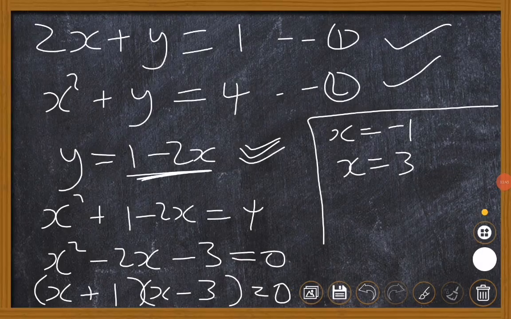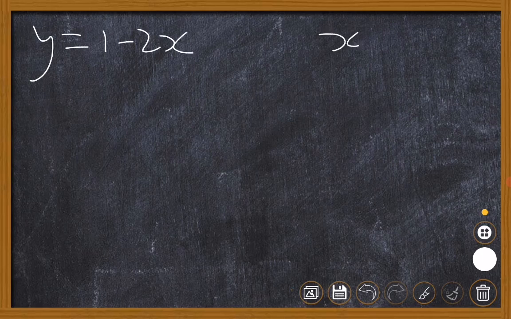So let's remember that x is equal to minus 1 or 3, and y is equal to 1 minus 2x. Let's first test minus 1.